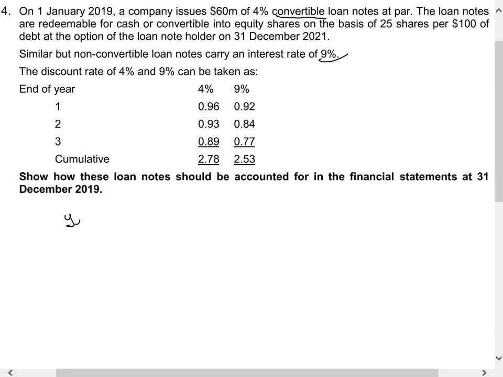Missed out by one zero, it's not correct. 2004 interest discounted, 2004 interest discounted, 2004 interest plus principal.